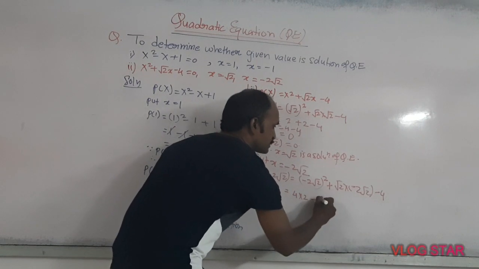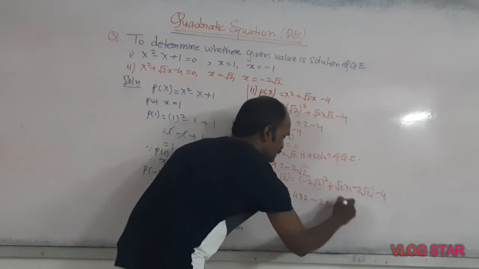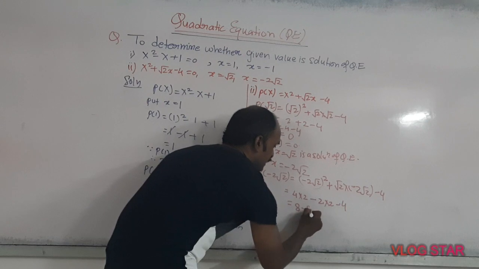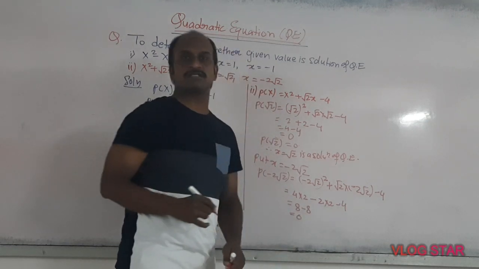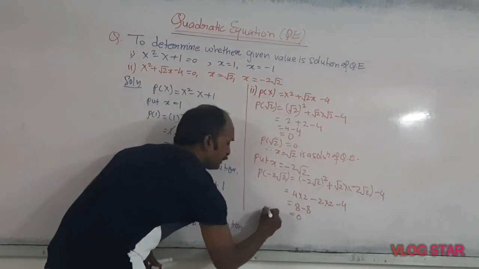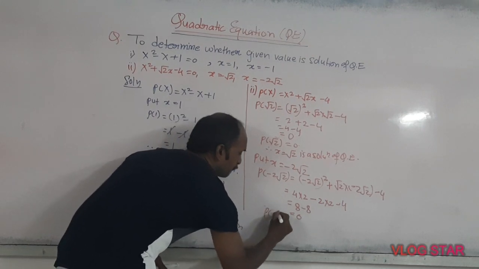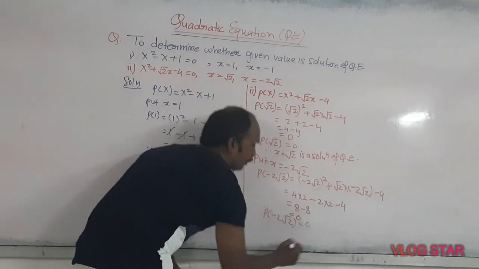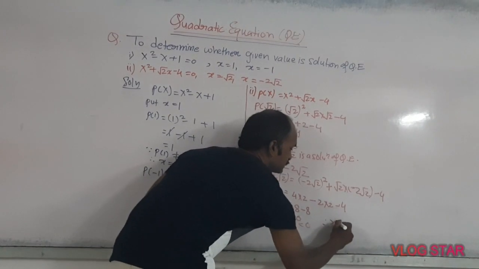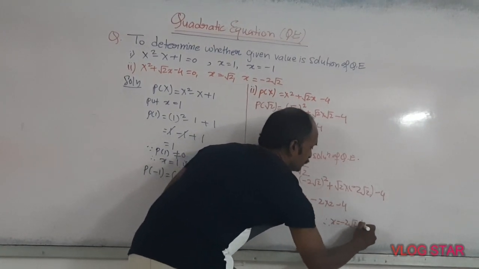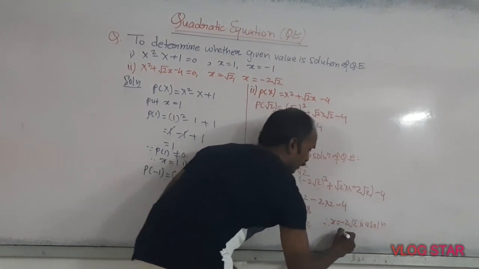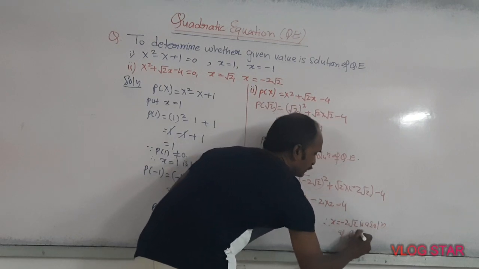This will become minus 2 into 2. This is minus 4. We will get 8 minus 8 is equal to 0. So here p of minus 2 root 2 is equal to 0. Therefore x is equal to minus 2 root 2 is a solution of the quadratic equation.